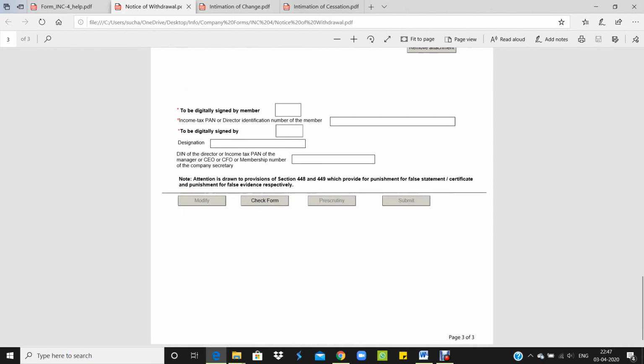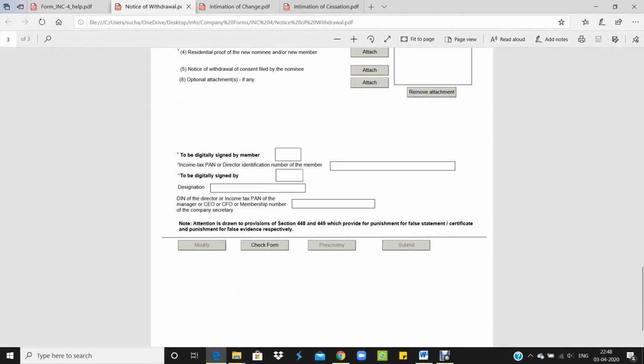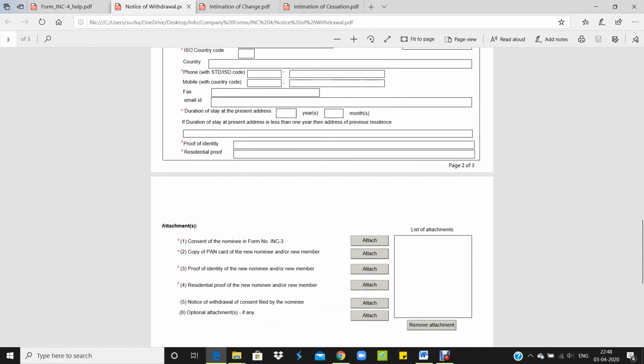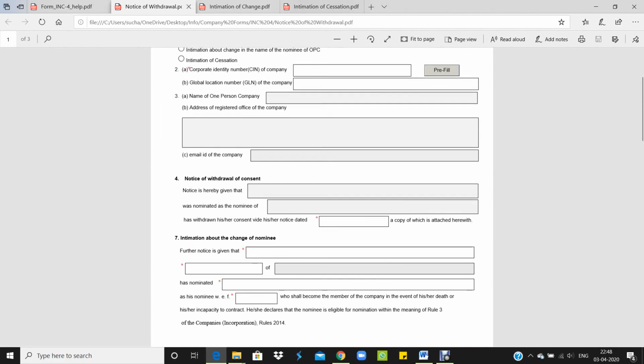After check form, if there are no errors, we have to attach the DSC and then give pre-scrutiny. If there are no errors, a message will display stating that there are no pre-scrutiny errors. After check form or pre-scrutiny, if you want to make any changes in the form, you can click on the modify option and modify the details entered in this form.